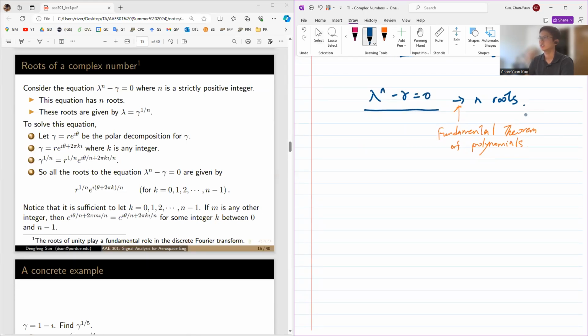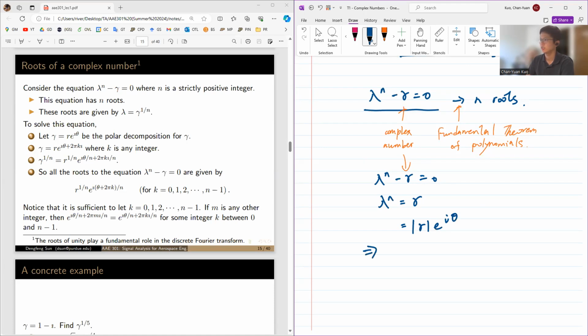And now let's see how we can find these roots. So here we have lambda to the n minus gamma, which is a complex number, equals 0. So again, let's move gamma to the right hand side, and let's express this gamma in the polar form as this.